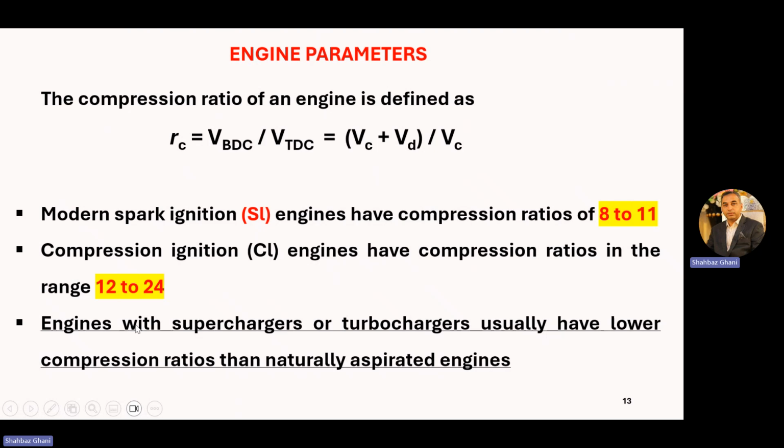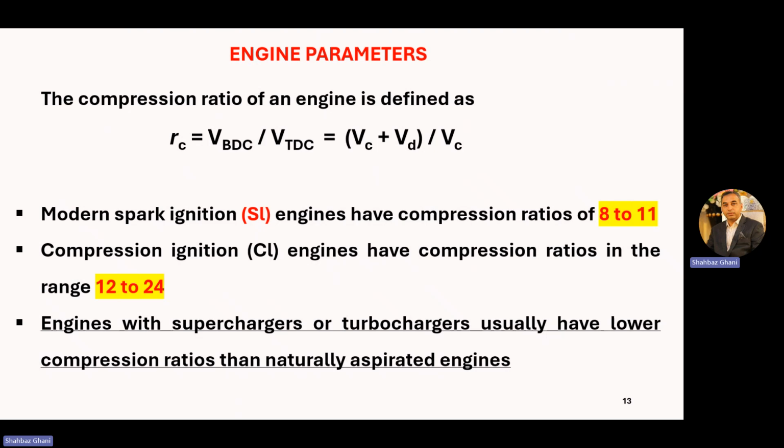Superchargers and turbochargers are two devices. As we have studied in chapter 1, a supercharger is placed on your intake manifold. It is used to increase the inflow, the volume of the air-fuel mixture inside the combustion chamber or the cylinder. And a turbocharger is used on the exhaust manifold. It extracts the exhaust gases and creates a vacuum, and to fill that vacuum, fresh air is rushed in.